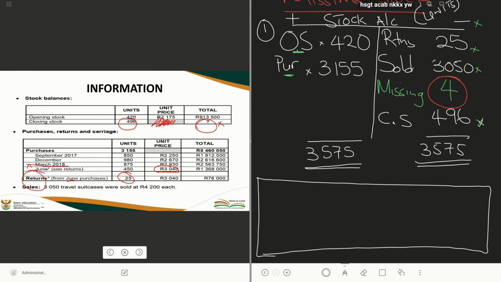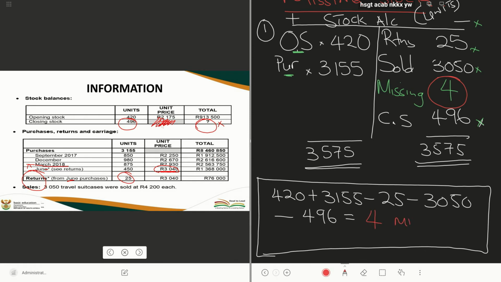You were having 420, and you purchased 3,155. Of those 3,155, you returned 25, and you also sold 3,050. And don't forget, you are now left with 496. Therefore, once you do that, it will now tell you how many units are missing. Then you get 4 units are missing.